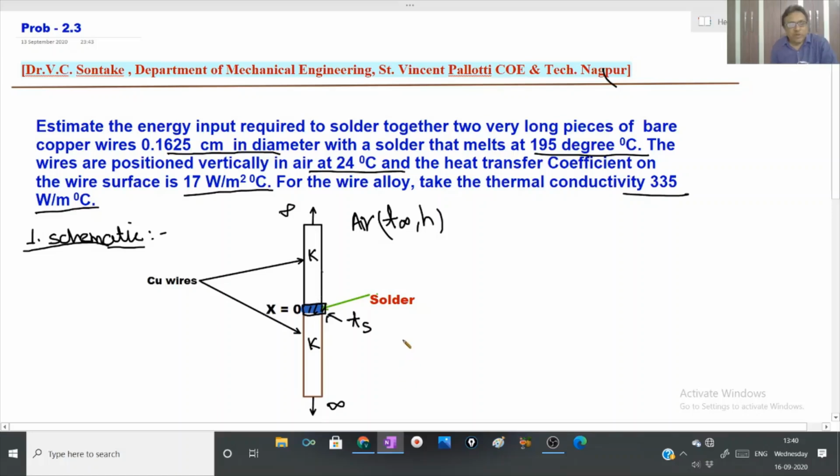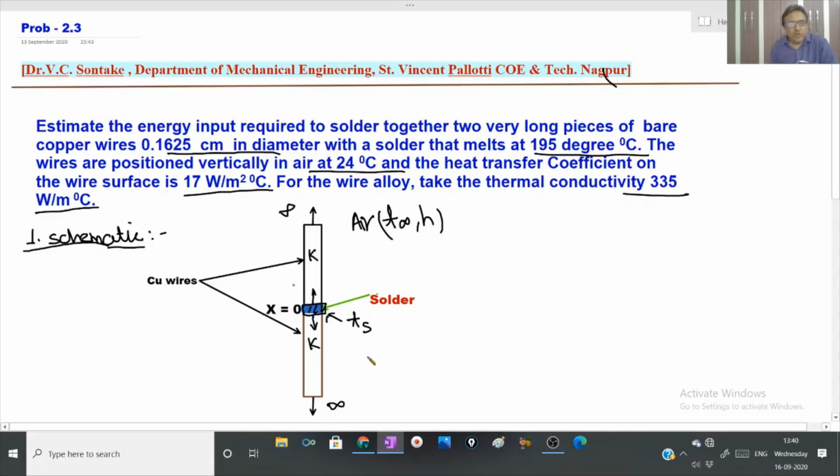Now if we treat these two wires as fins of infinite length, whatever heat is supplied to melt the solder to join these two copper wires, the same heat will be conducted through these two copper wires under steady state conditions.